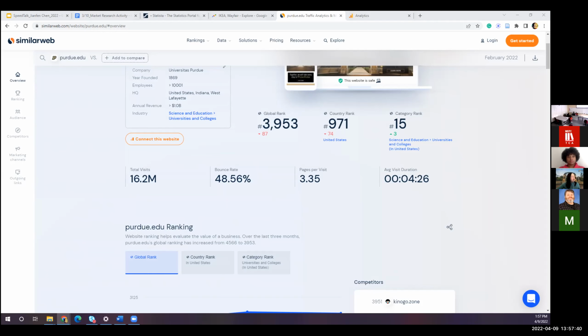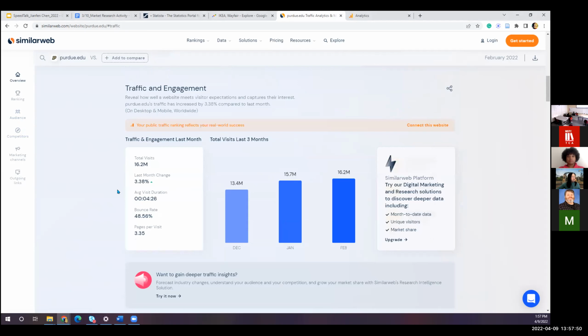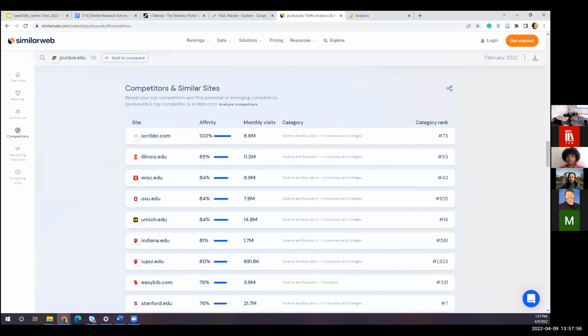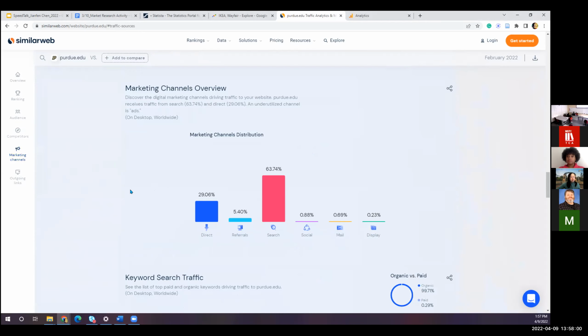After keying in purdue.edu, Similarweb gives an overview of Purdue, its ranking, its audience, and a competitors analysis, as well as its marketing channels.